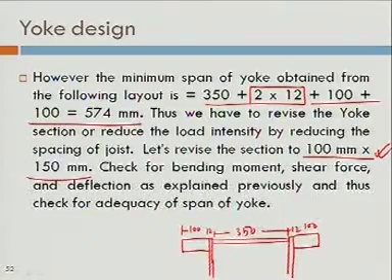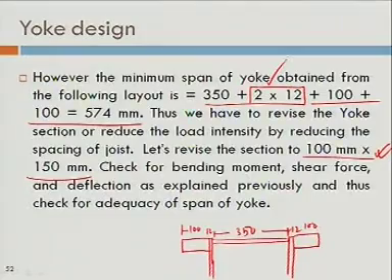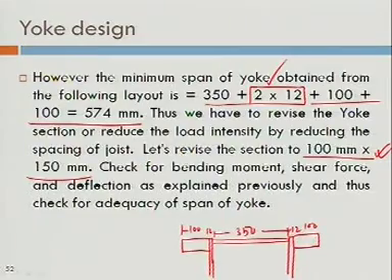We had calculated 550, but we missed this particular plywood thickness. So the minimum that is required by you is 574 millimeter. Do you understand this, technology class? Okay. So you will find that this 100 mm by 150 millimeter yokes are sufficient.